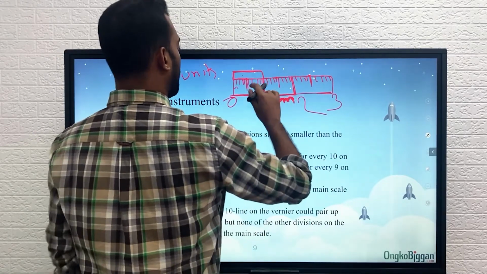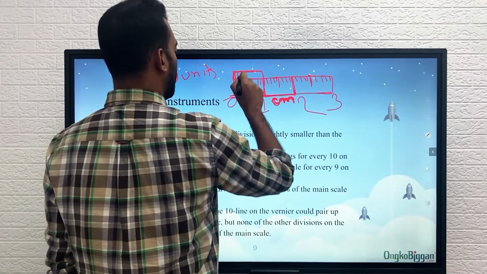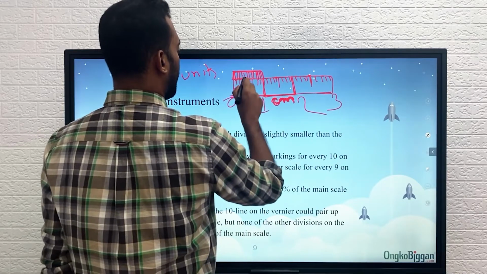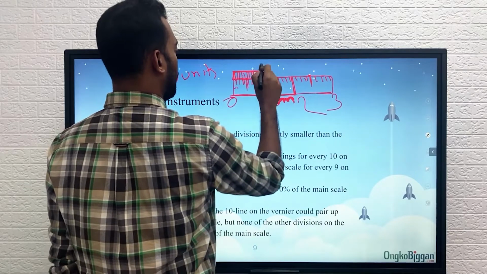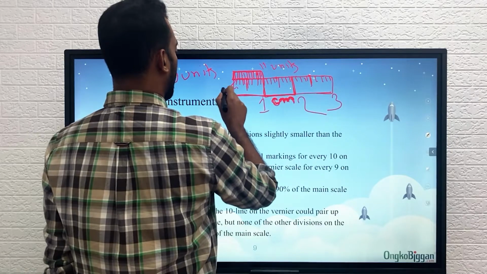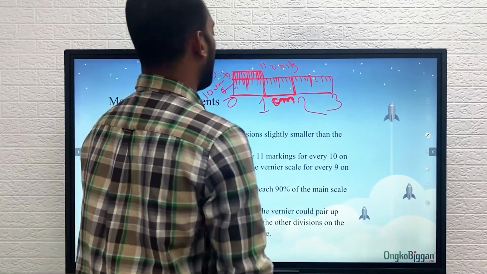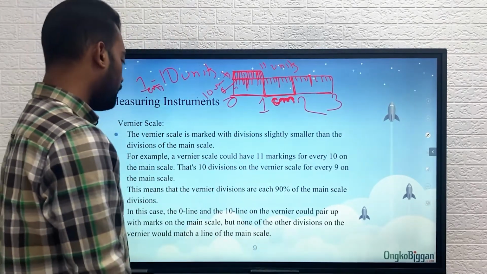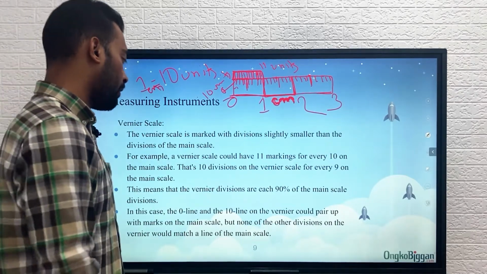For this amount of portion there will be 11 units. So in the main scale, within this portion there are 10 units, but in the Vernier scale there are 11 units. So there is a difference, right? And with this difference we measure the devices using this Vernier scale.